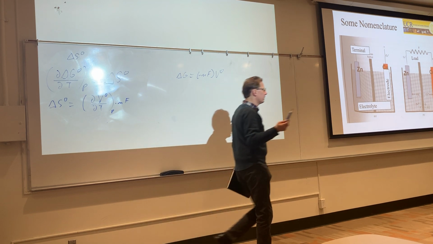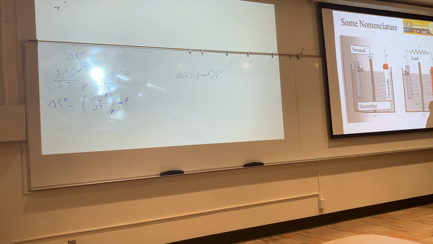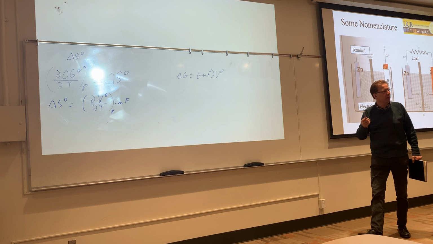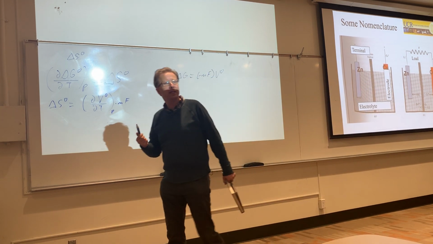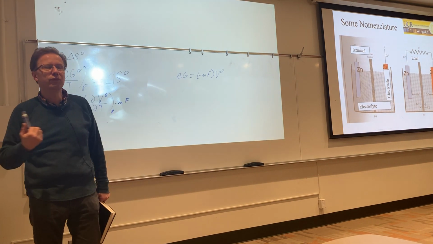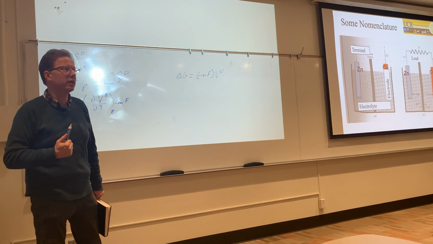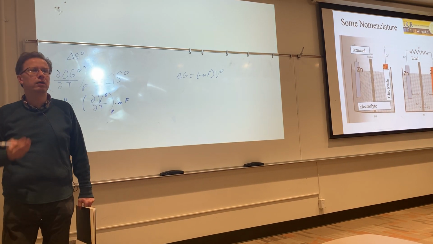Meaning that if the Daniel cell has a constant voltage and you make it a little bit warmer, put the solution maybe to 30 degrees centigrade, which would be somewhere like 80 Fahrenheit, or you put the solution to 10 degrees centigrade, which might be like 50 Fahrenheit, and you have the same voltage of your Daniel cell, then you know not much change in entropy is going on.